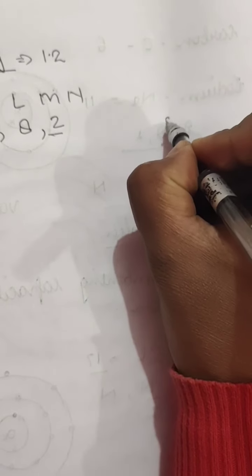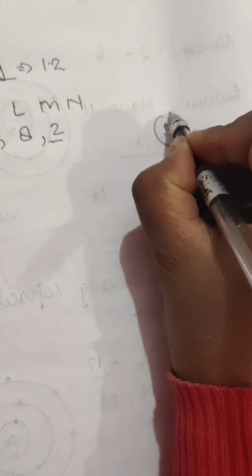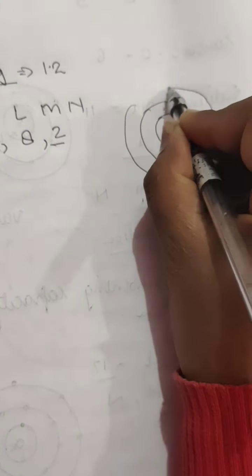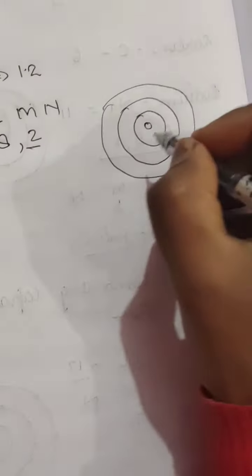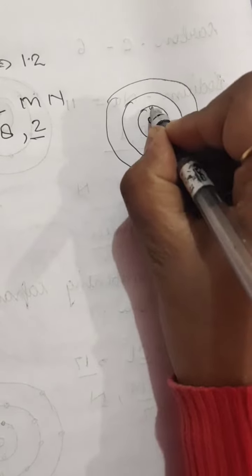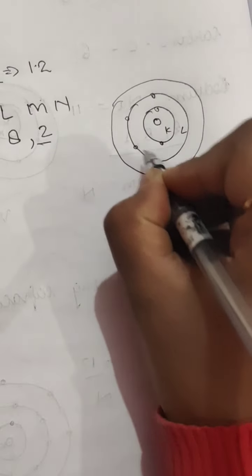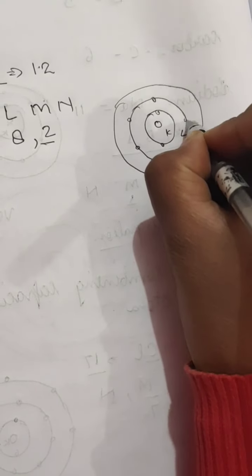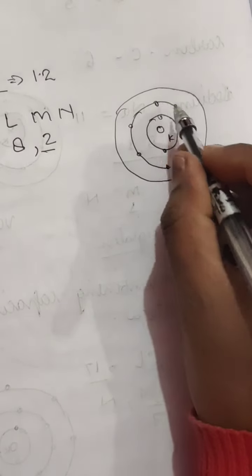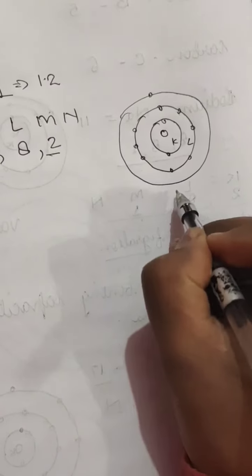So the structure will be like this: nucleus, first shell, second shell and third shell. The first shell, K, has 2 electrons, L has 8 electrons, 3, 4, 5, 6, 7 and 8, and the last shell will have 2 electrons.